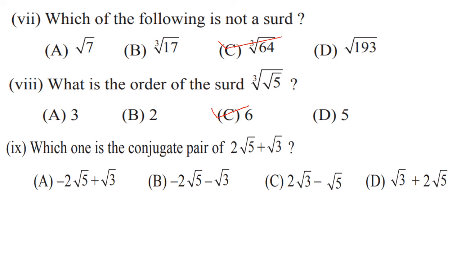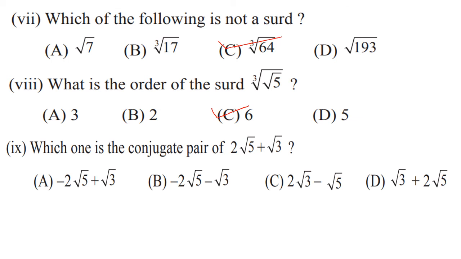So here in options A and B, the terms are same. In option D also the terms are same. But option D is same as the question, so option D is not possible. Then in option C, the numbers are exchanged. Here you have 2 root 5, but there 2 root 3 is given, which is not possible.